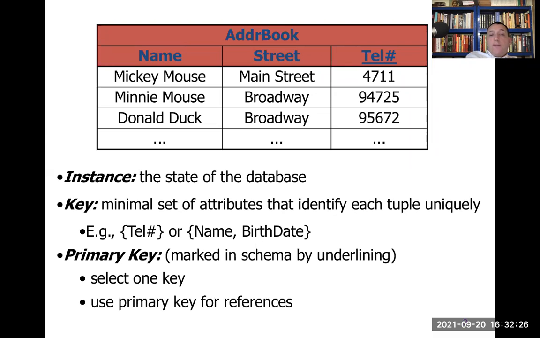And one of the keys is a primary. We use it for references from other tables. It's just a matter of decision which key we want to make the primary.